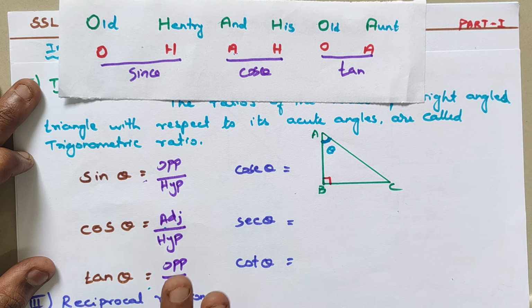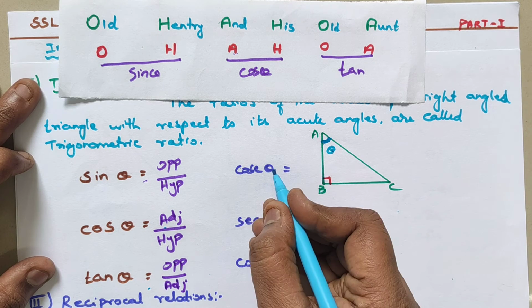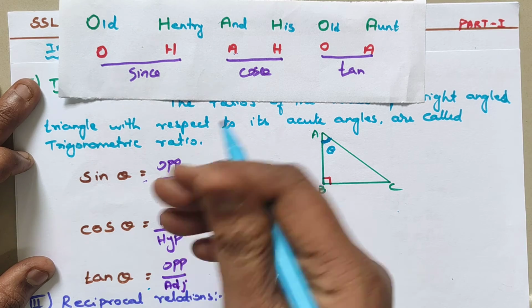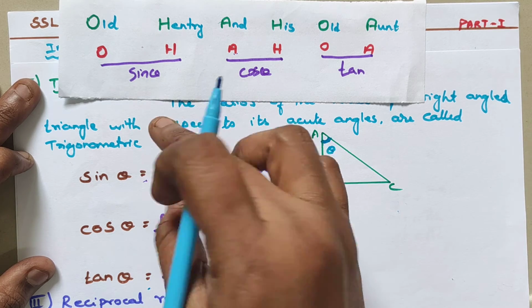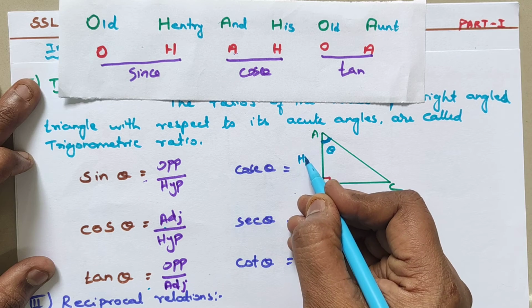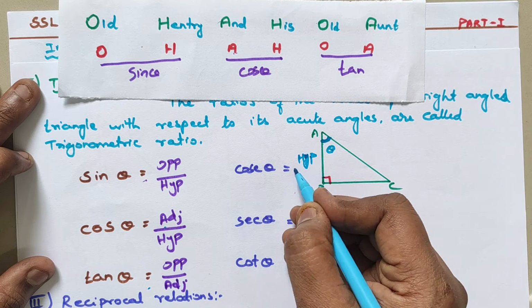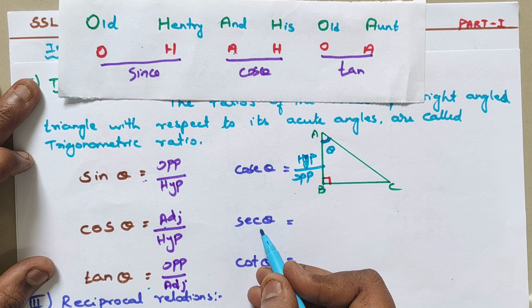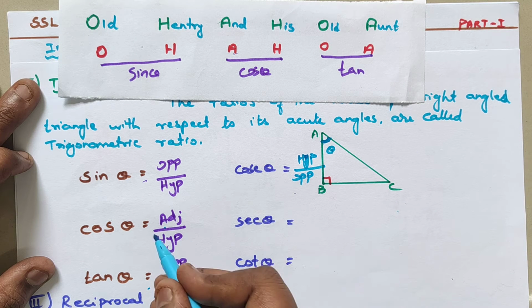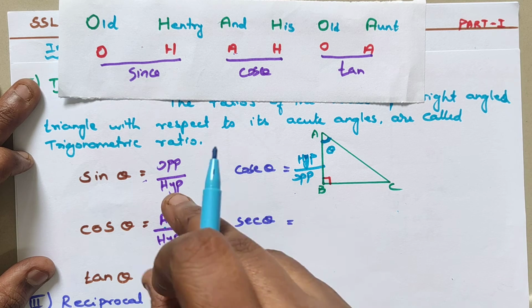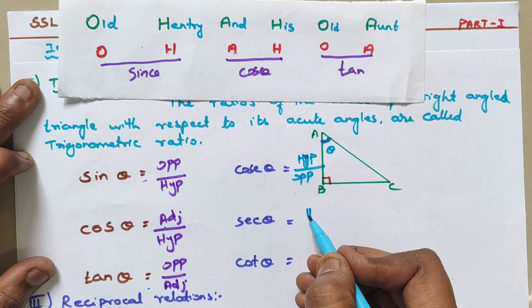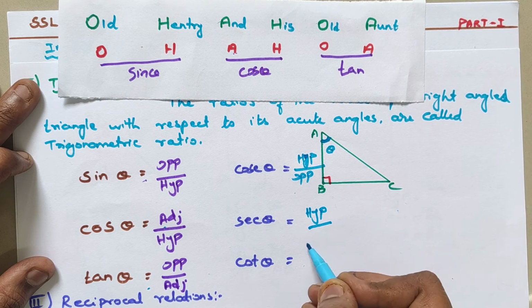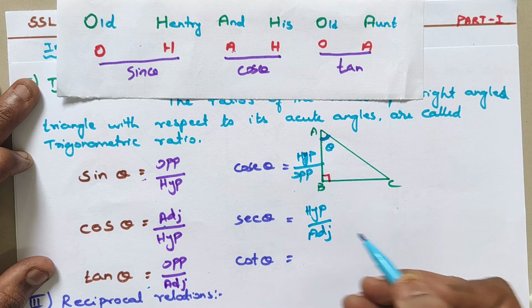Is it clear, children? Now, how to write cosecant? Cosecant is the reciprocal of sine. Reciprocal means we take it in reverse. That means hypotenuse divided by opposite. For secant theta, what will be the formula? Take the reciprocal of cos theta: hypotenuse divided by adjacent.